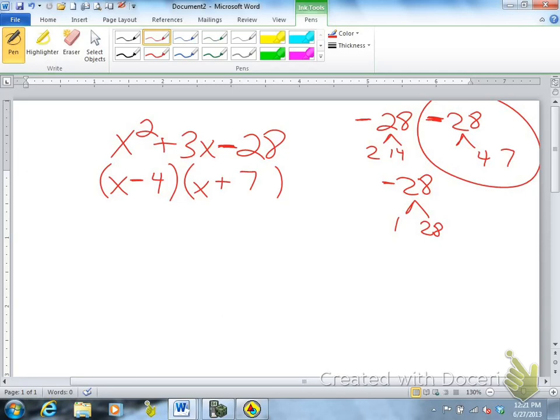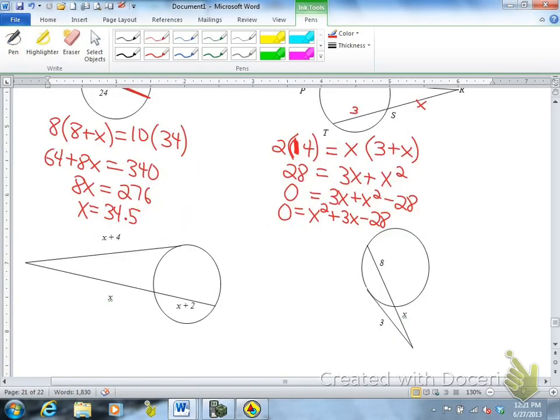You'll see factoring a lot in future math classes, more than geometry. But on this one, you would have 0 equals x plus 7 times x minus 4. When you set both of these equal to 0, x plus 7 equals 0, so x is negative 7. This is the zero product property. Sorry, I messed it up.